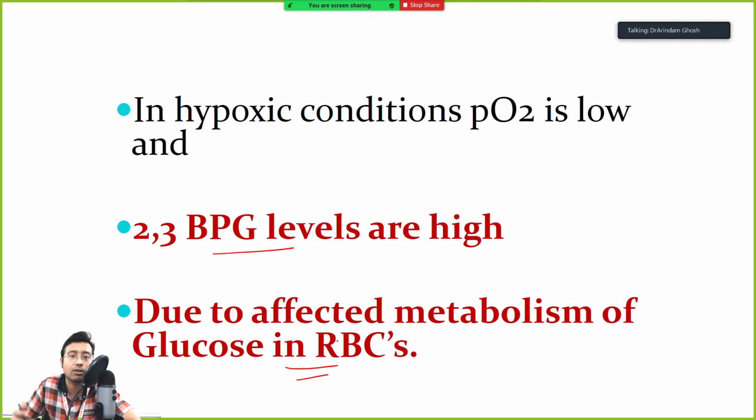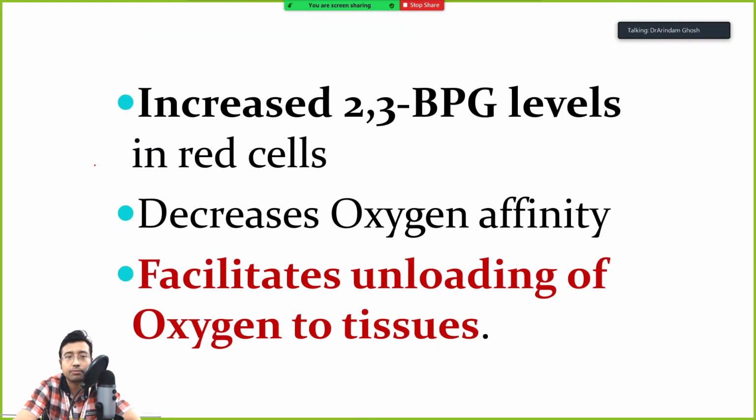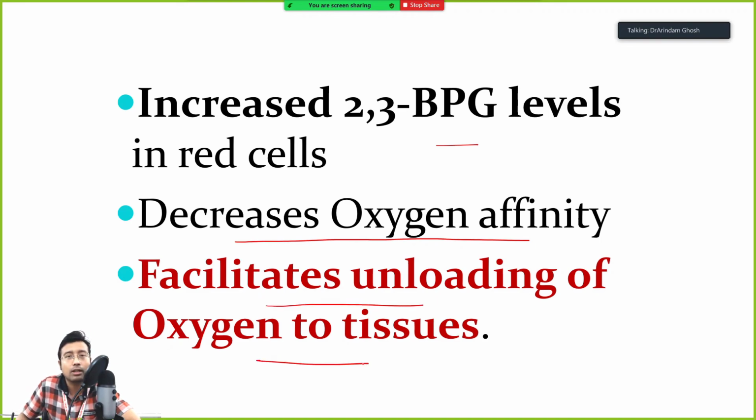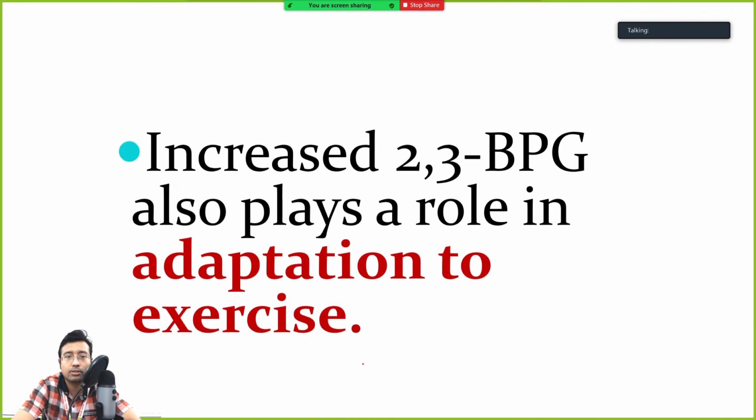So more and more glycolysis, more and more 2,3-BPG, more and more unloading of oxygen. Everything is related. So increased 2,3-BPG level in the red cell decreases oxygen affinity. I am summarizing, and it facilitates unloading of oxygen to the tissues.